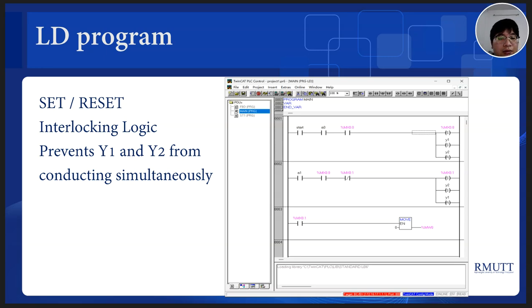I also added interlocking logic. This interlocking function prevents Y1 and Y2 from being turned on at the same time, which helps protect the system and ensures safe operation. So the LD program is clean, intuitive, and suitable for electrical control logic.